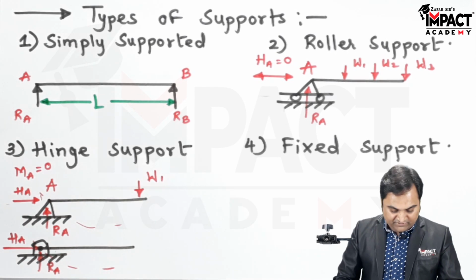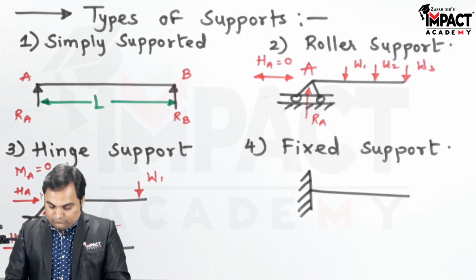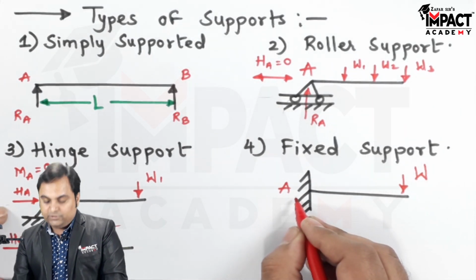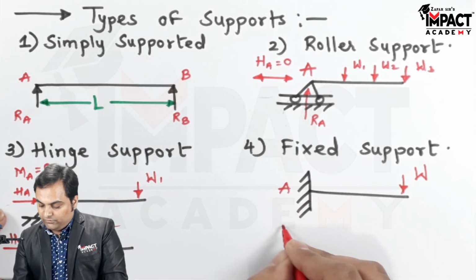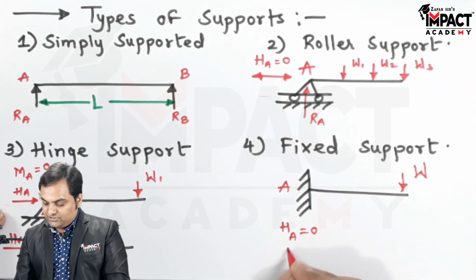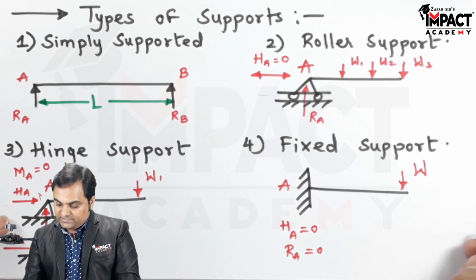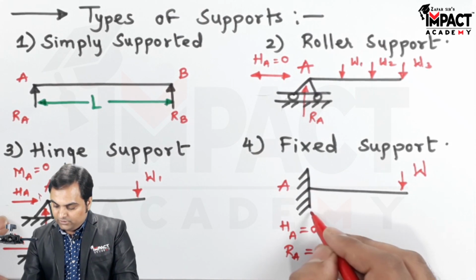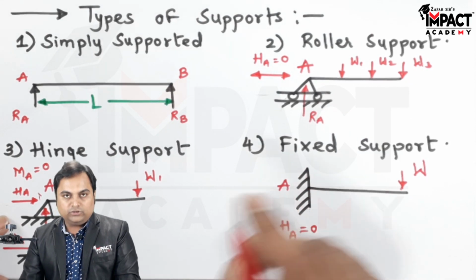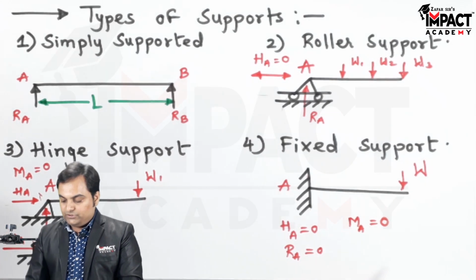At last, when we have fixed support and the load is applied, at the fixed support the beam cannot move in the horizontal direction, and it cannot move in the vertical direction. And at the same time, this beam cannot rotate, so the moment at A is also there.